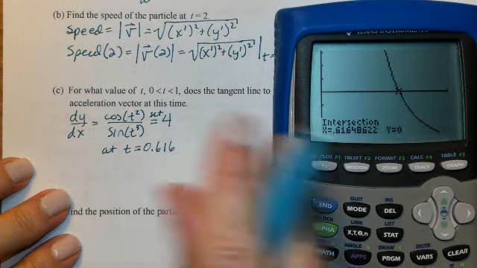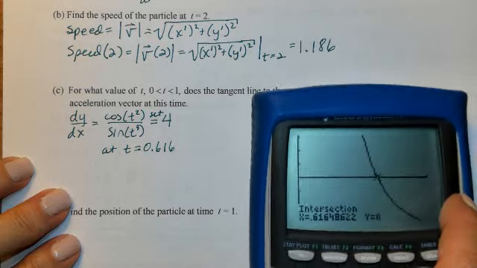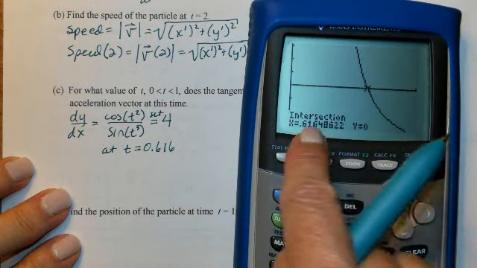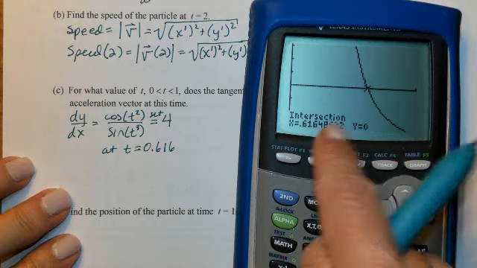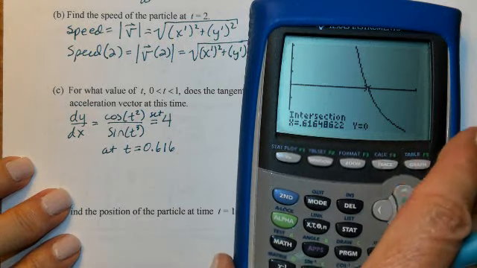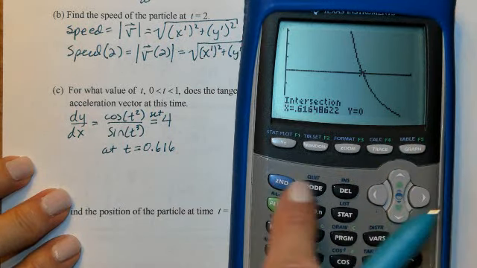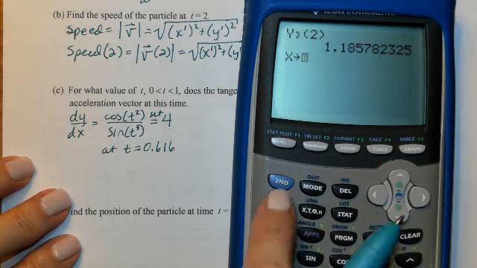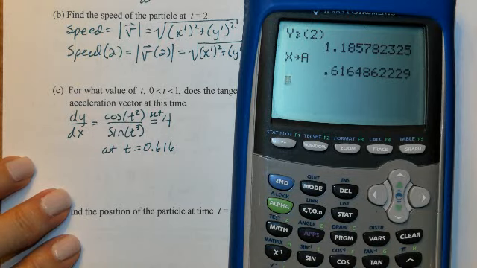That's the time, but now I need to use that time, and I want to use the entire decimal. If you don't use the entire decimal, then your next answer might not be correct to 3 decimal places. So I'm going to right now go in and save that x value, that time. I'm going to store that in for some letter.